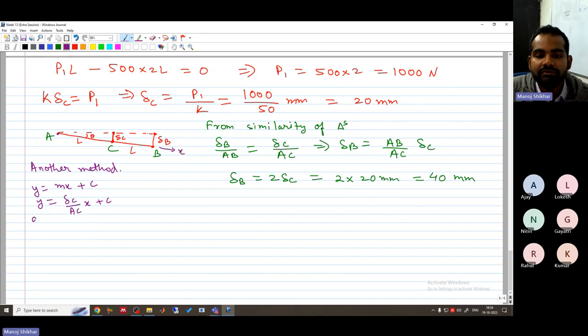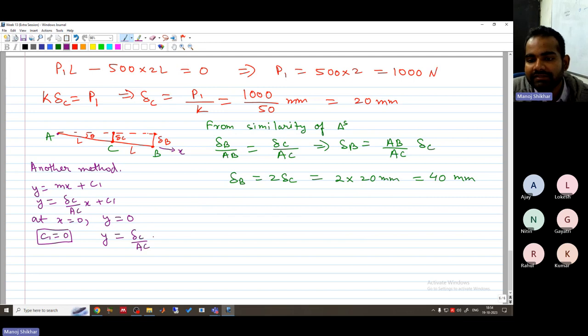So at x equal to 0, y equal to 0, because A is fixed, right? It is a pinned joint, so A cannot move. So from here you will get c equal to 0. So y equal to delta C upon AC into x. If you don't want to use the similarity, then you can use this formula.